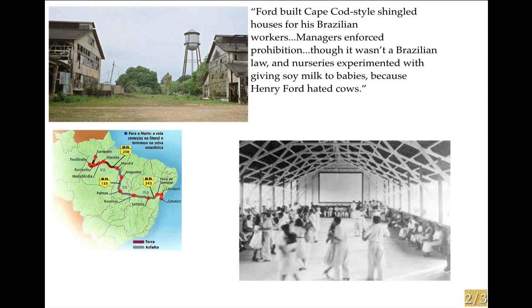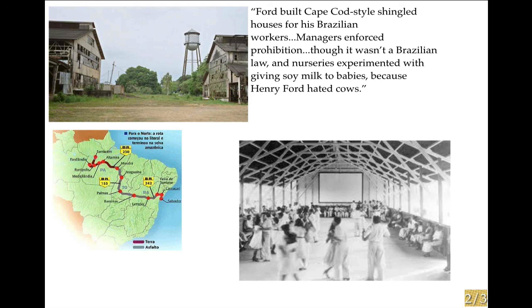And so, in response to this, he colonized two villages in the Brazilian Amazon, named them Fordlandia, and tried not only to extract rubber on an industrial basis from these particular places, but also tried to reorganize the lifestyles of workers in the Amazon according to what might be typical, at least in his mind, in a U.S. Midwestern village. Ford had square dancing on Sunday nights in Fordlandia.